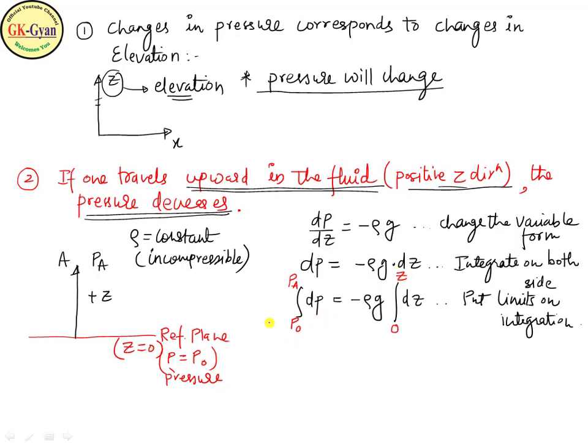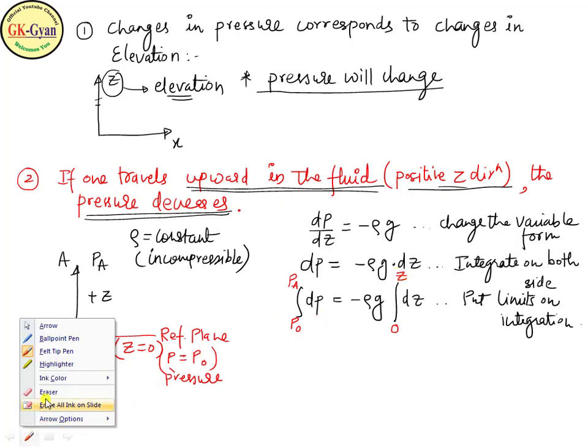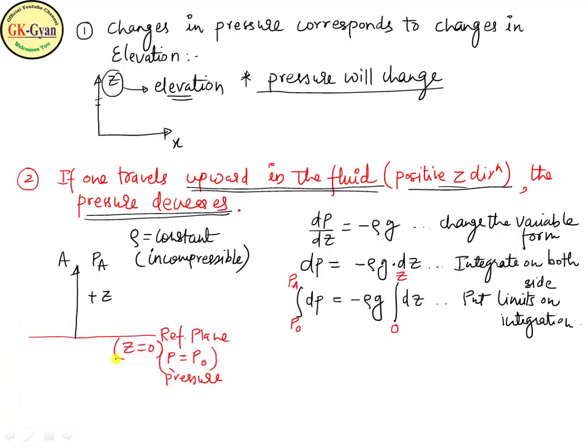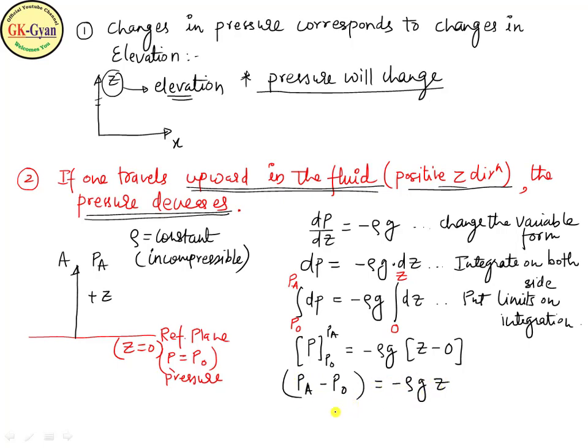Now you can integrate with the help of limits. The integral of dP has limits PA and P0, and minus rho g times the integral of dz will be z minus 0. So PA minus P0 equals minus rho g z.